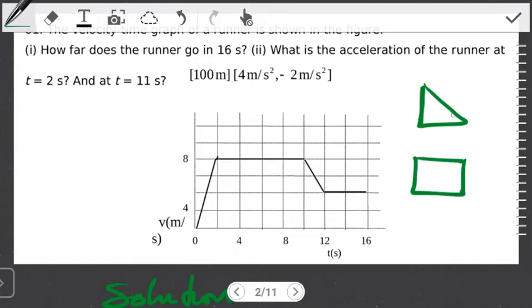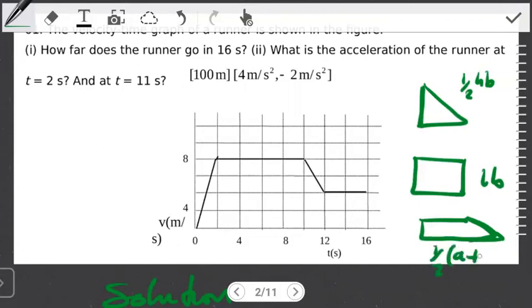So the student might want to break this up so that you only have triangles whose area you can calculate, half base times height, or length times breadth for rectangles. But you can also deal with a trapezium, because the area of a trapezium is half (A plus B) times H, where A and B are the two parallel sides, and H is the distance between the two parallel sides.